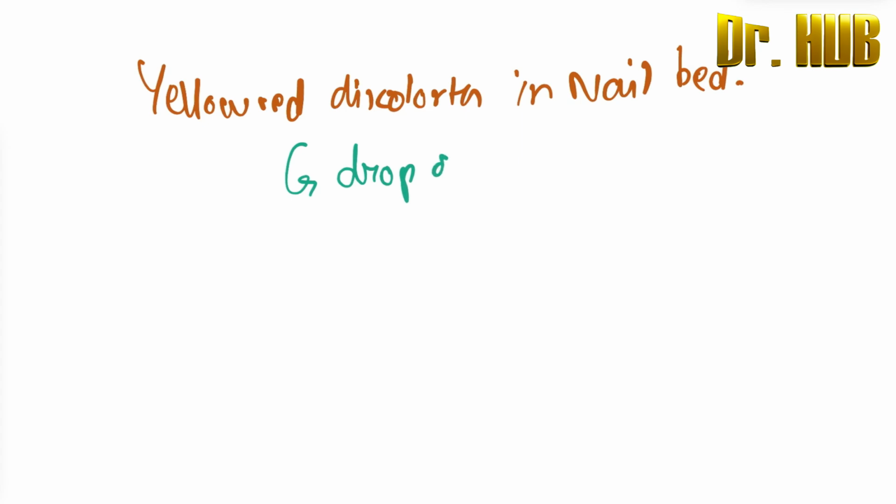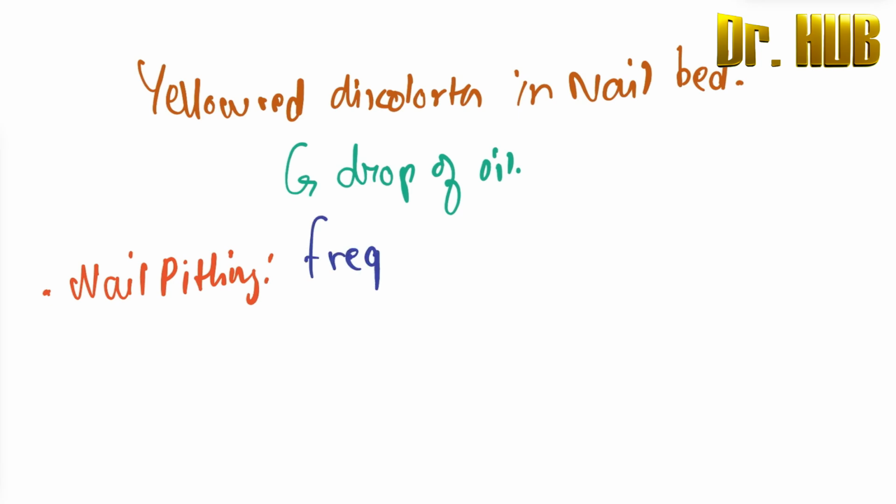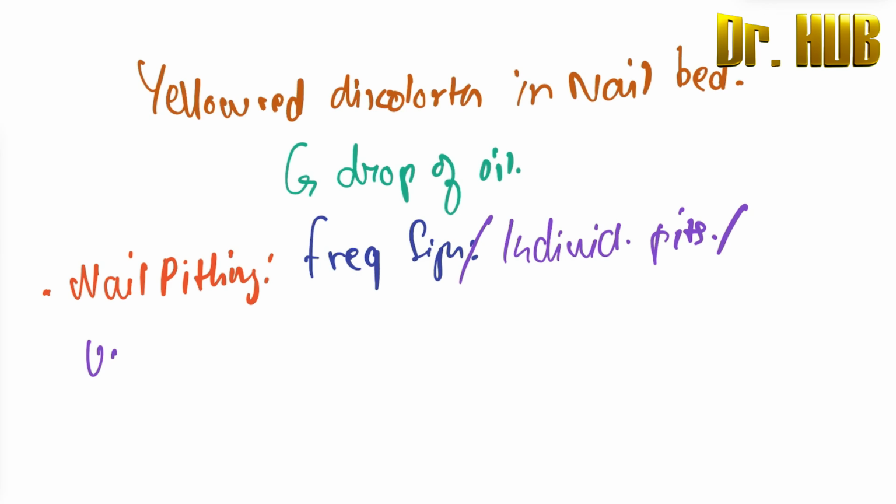Next, what we look at is nail pitting. Nail pitting is the most frequent sign. Other things to notice: there are individual pits of uniform size, and they are deep and irregular in nature.